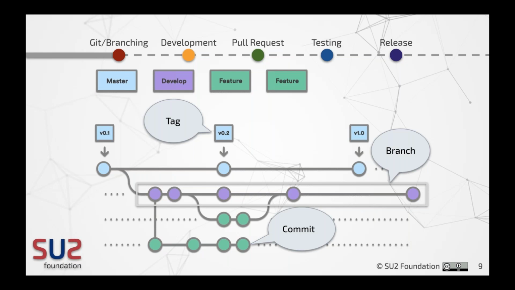Okay, this is just a quick overview of what a typical Git workflow would look like. All of these small dots here are single commits, and a branch is essentially a collection of several commits. In SU2, we have two main branches.